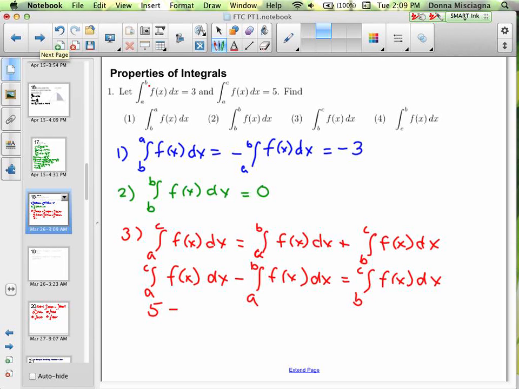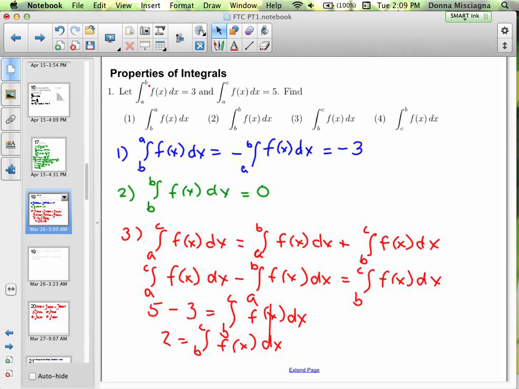And then from A to B is 3, and that will give us from B to C: 2 equals the integral from B to C. I think it's a lot easier to see it that way.